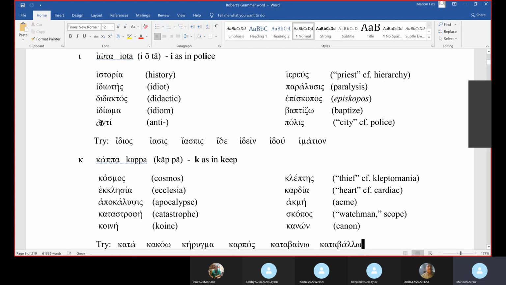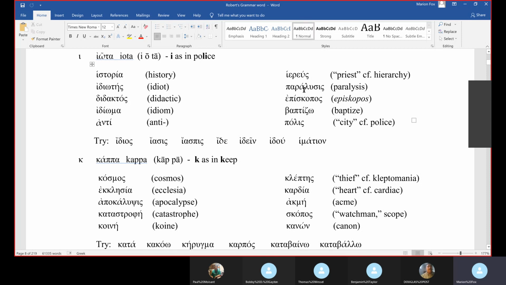And if he's on the other side and it's an army, he's against you. And now notice right here we have a rough breathing mark. Hieros. That's a priest, and our word hierarchy comes from it. Hierarchy. Okay.